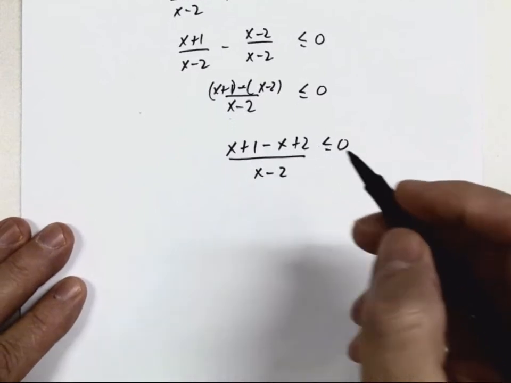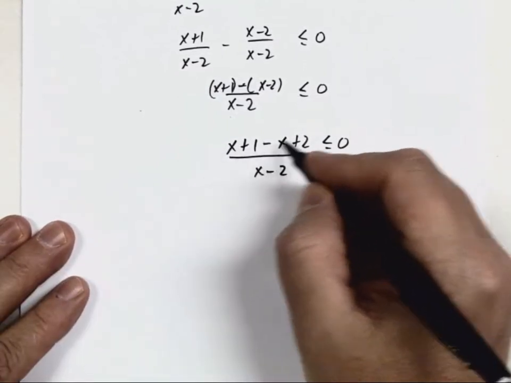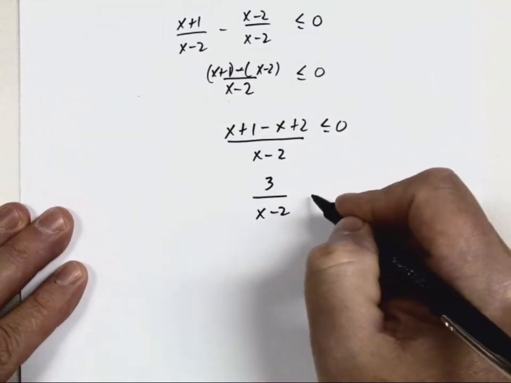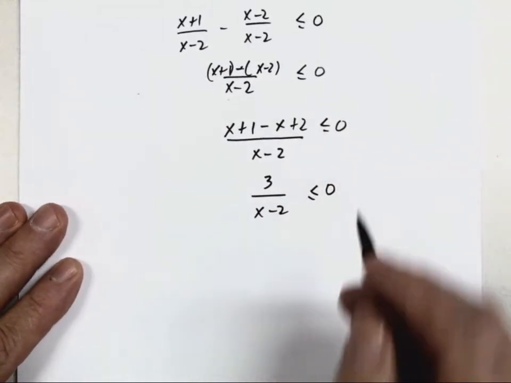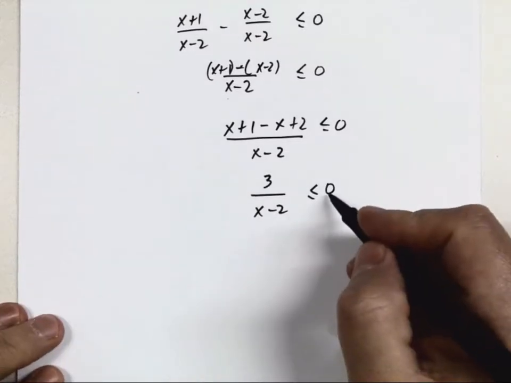Now if I simplify this, actually x minus x, let's cancel out. 1 plus 2. So it actually simplifies, reduces down to 3 over x minus 2. At this point, I can sort of start the process. One side 0.